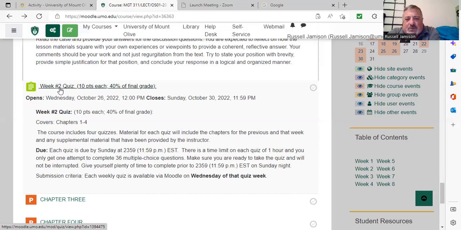You may use all your notes, all the PowerPoint presentations, all of the homework and posts that we do, and that includes your text in the quiz. You may not use a fellow student. I don't want you taking the quiz with a fellow student. So it's your own work, but you may use notes and textbook. Now, some people will say, well, that doesn't make sense.